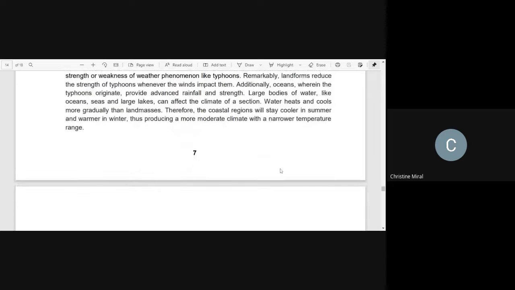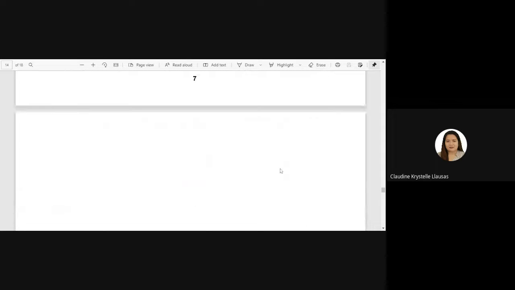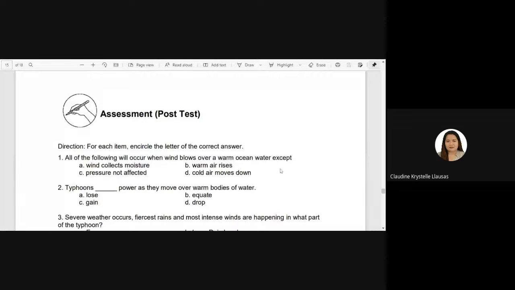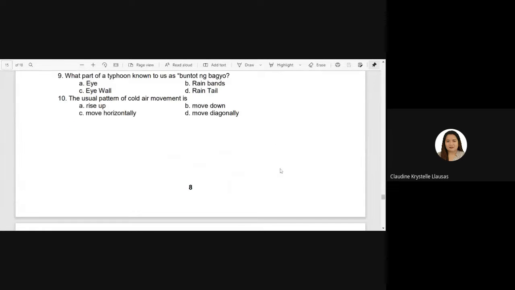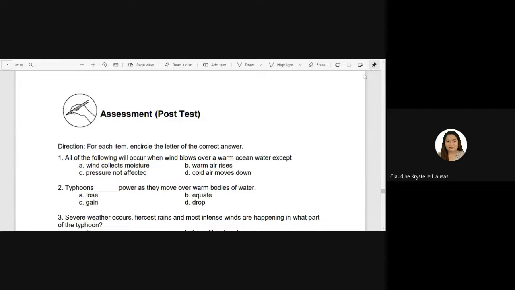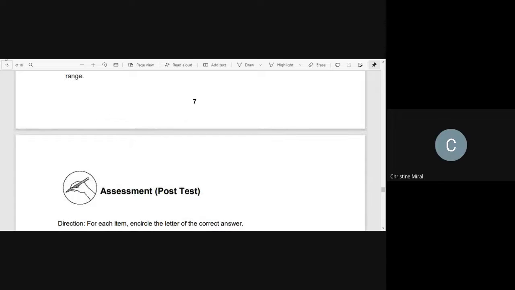Yes, ma'am. Okay, summary. Basaw na lang na ninyo, ha? And then, assessment post-test, I think there are 10 items, multiple choice. Nasabtan? Yes, ma'am. Okay, questions. Kinaghulat na ang next class.